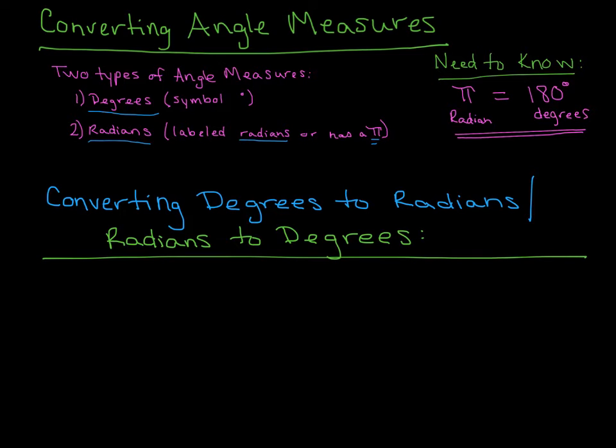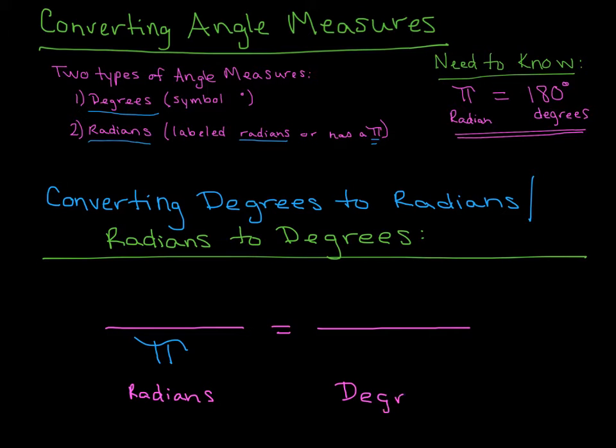So the proportion that you want to know, proportions, remember, are two fractions set equal to each other. I know for my radians, pi is equal to, in degrees, 180 degrees. So those are always going to be my denominators in my fractions.